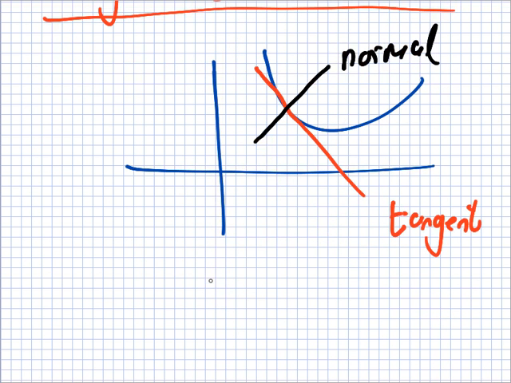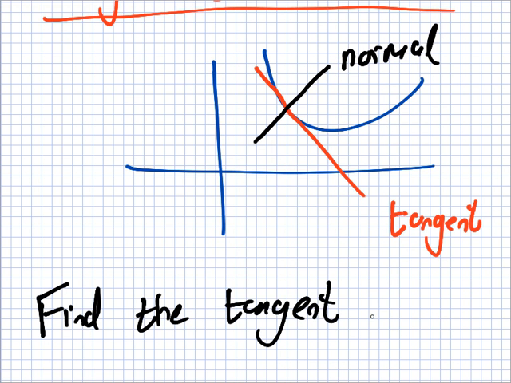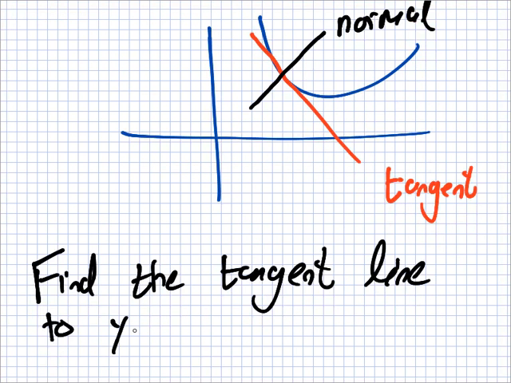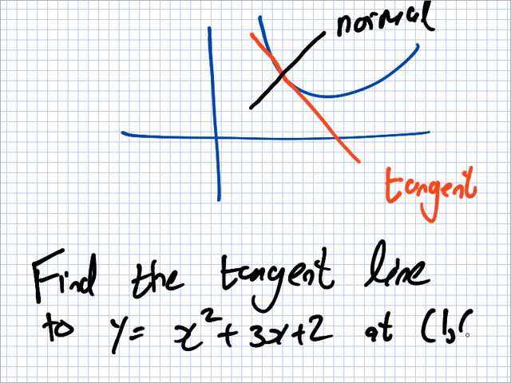Okay, so let's have a look at an example. How would we find the tangent line to y equals, let's say, x squared plus 3x plus 2 at the point (1, 6)? Now, we've seen one method.